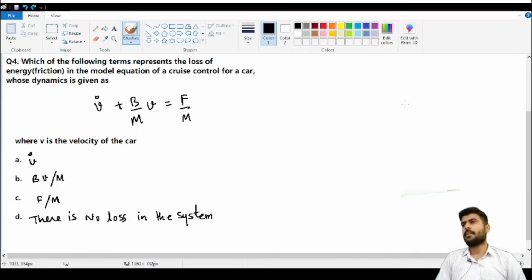So next question is, which of the following terms represents the loss of energy in the model equation of a cruise control for a car whose dynamics is given as v dot plus b upon m v is equal to F upon m.